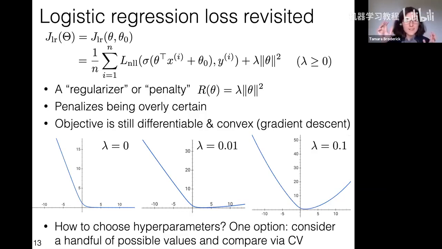Okay, so now we have all of the tools for logistic regression at our disposal. We have the full loss, including the penalty, that describes logistic regression. We can do classification with it. We can run gradient descent applied to logistic regression, put it all together, and run it on data.